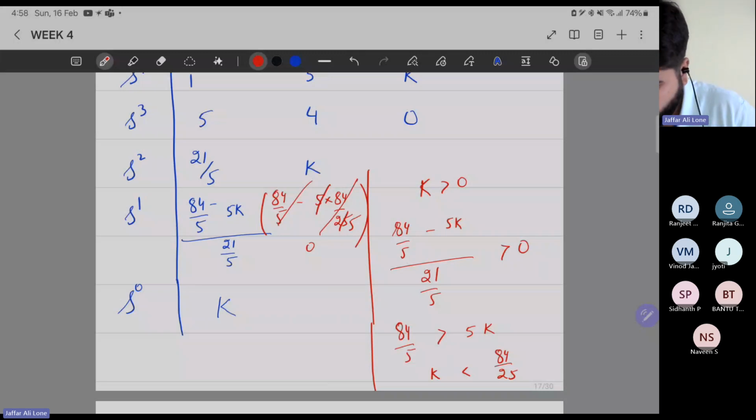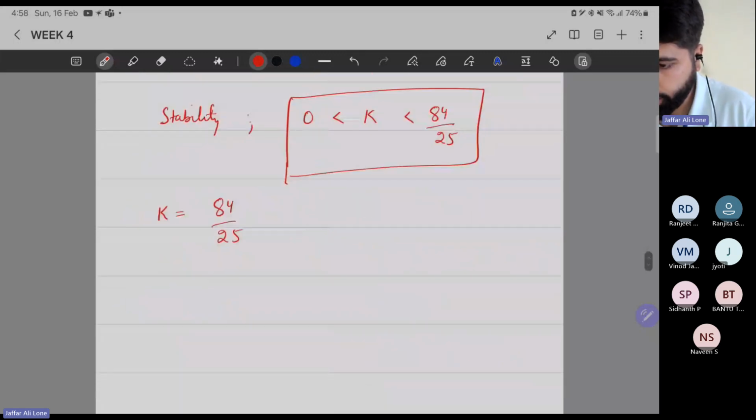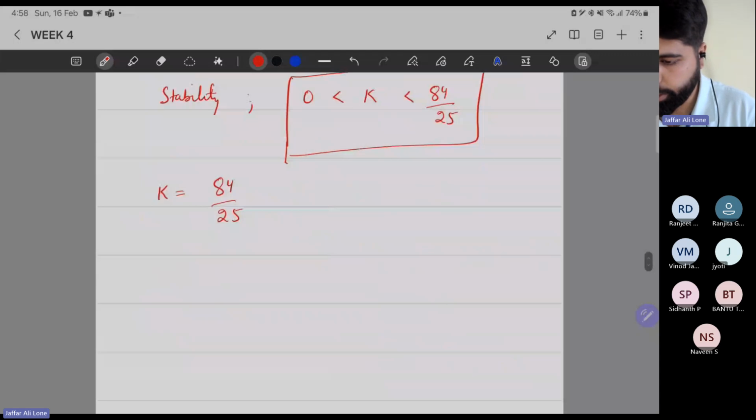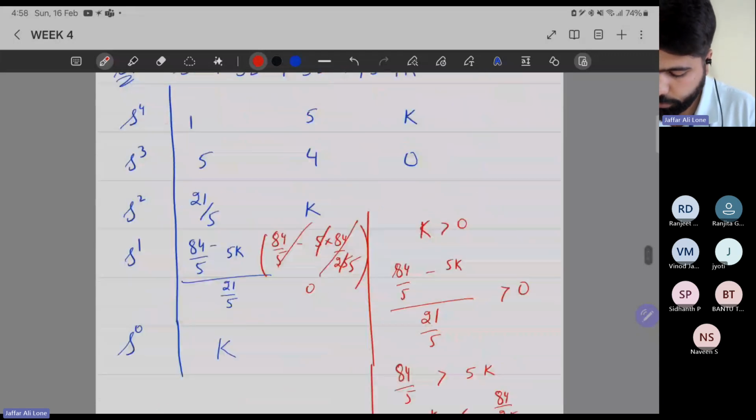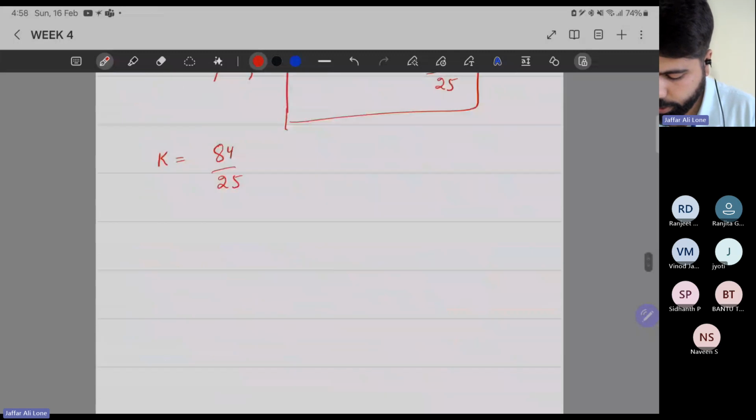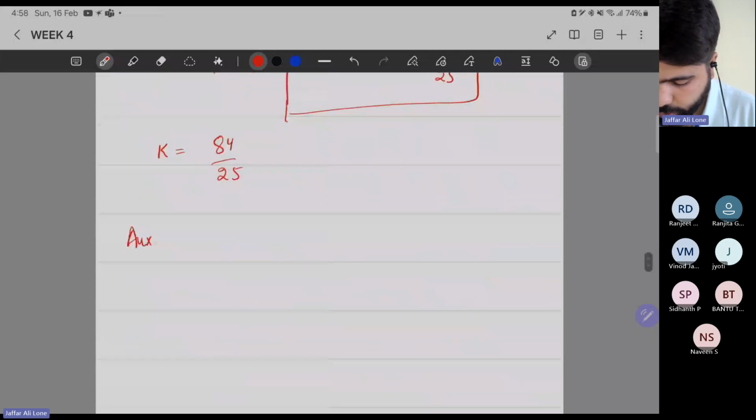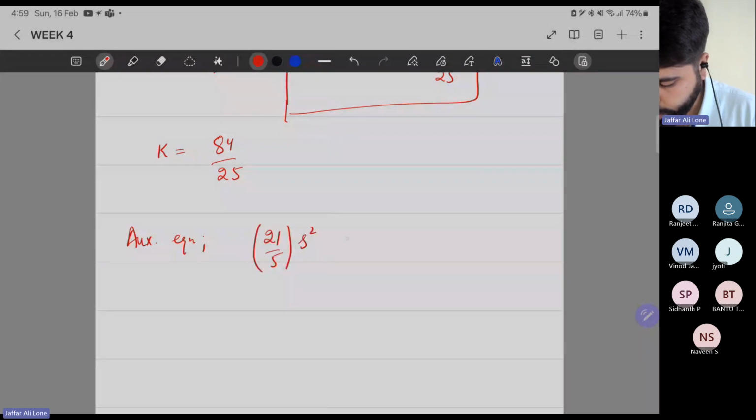Now we have to find the auxiliary equation from the s^2 row: 21/5 s^2 plus 84/25 equals 0.